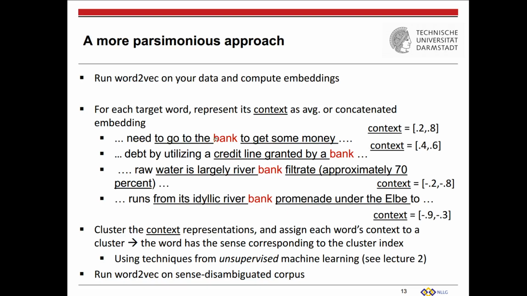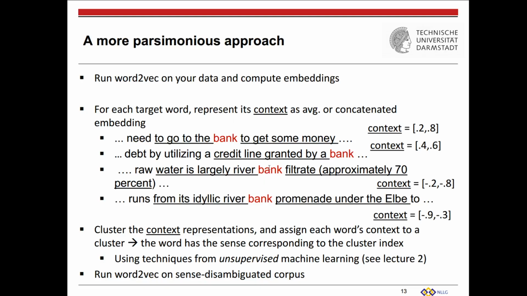And when we say these two, we actually mean those context vectors, right? So those two would go in one cluster ideally and intuitively, and these two would go in a different cluster. And then once we've done that, we can assign this bank here as bank number 1 and this bank here as bank number 2.